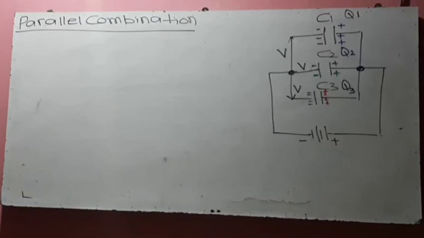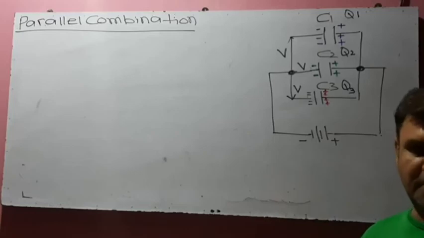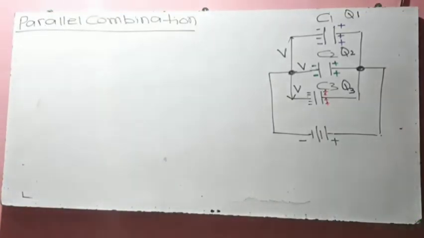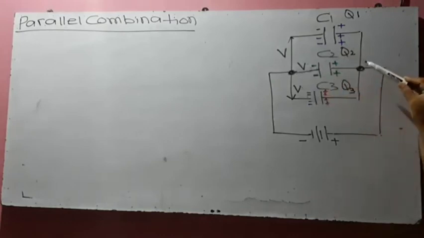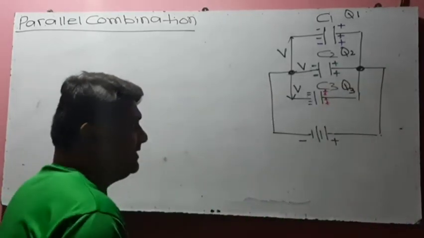Dear students, the second combination of the connection of the capacitor is the parallel combination. In the parallel combination, remember, the voltage across the terminals will be same, but the amount of charges will be different. So now we have 2 points here.